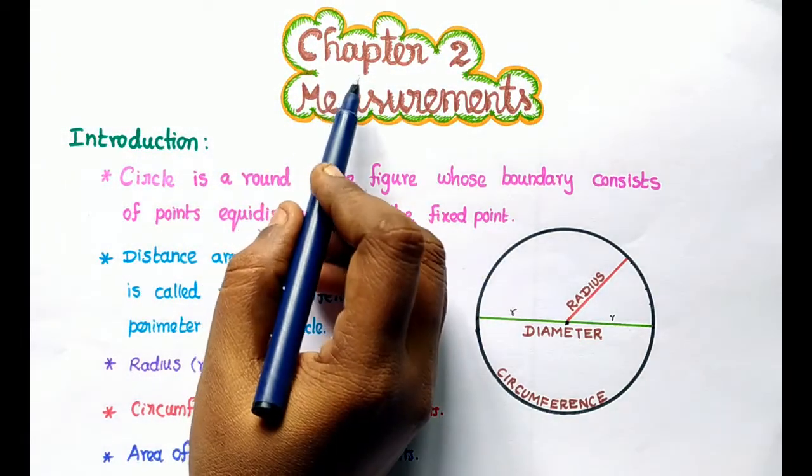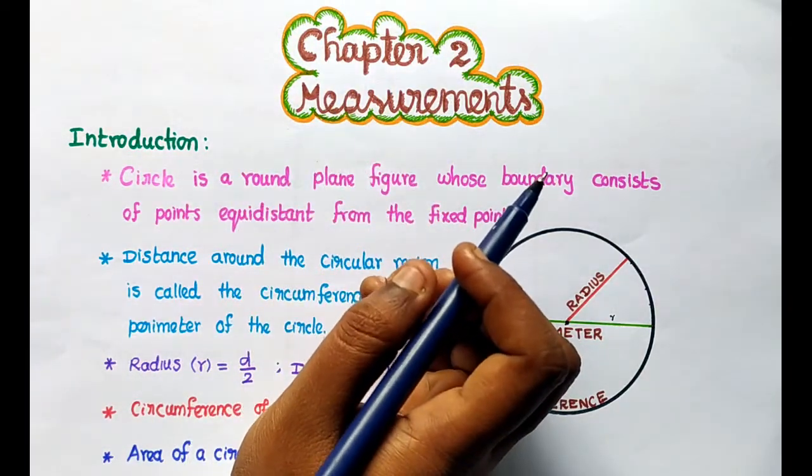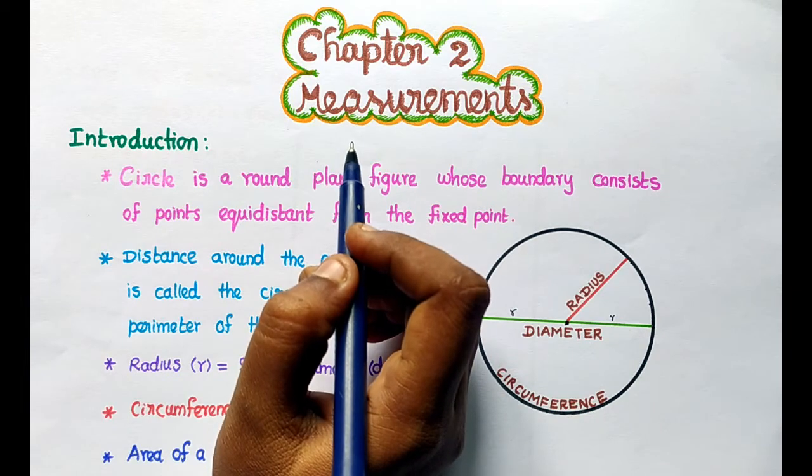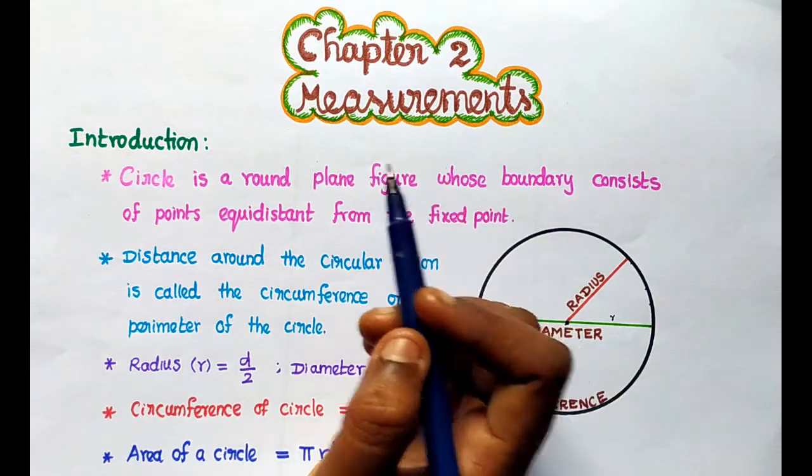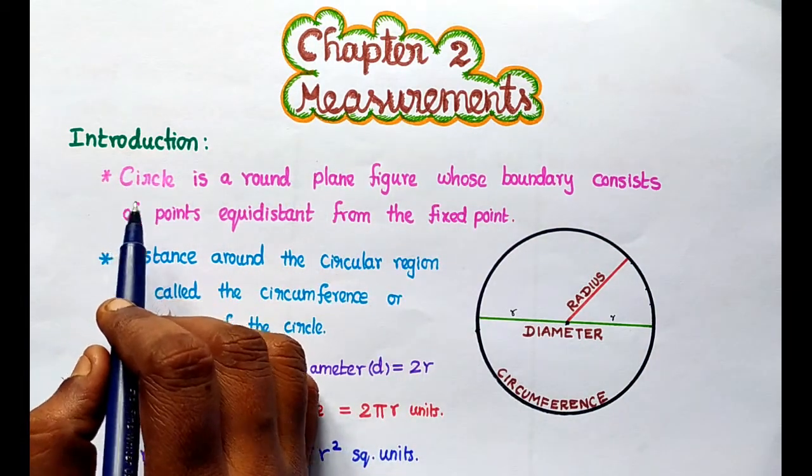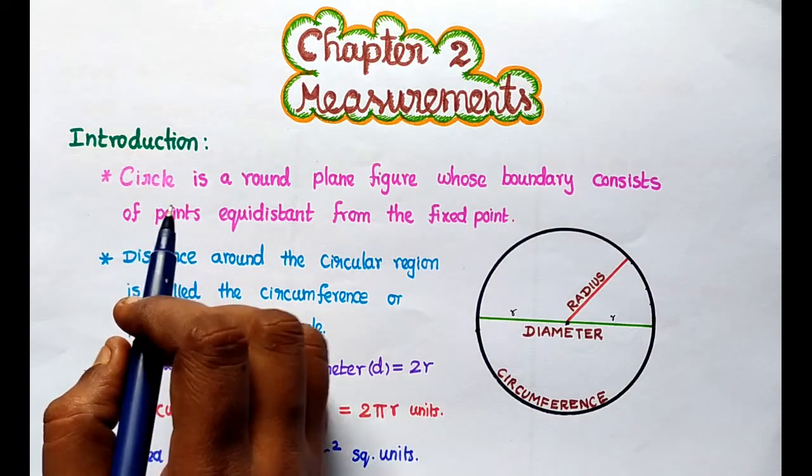Look at this chapter 2, measurements. Measurements is very important in our daily life, right? Now we discuss the measurements of the circle.